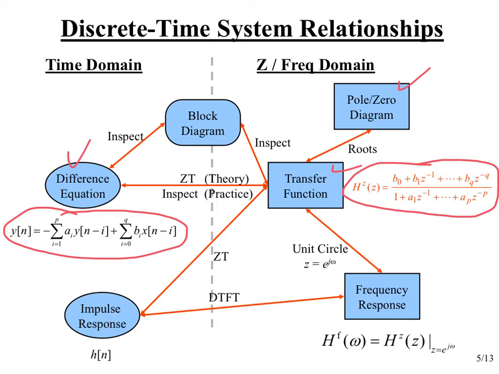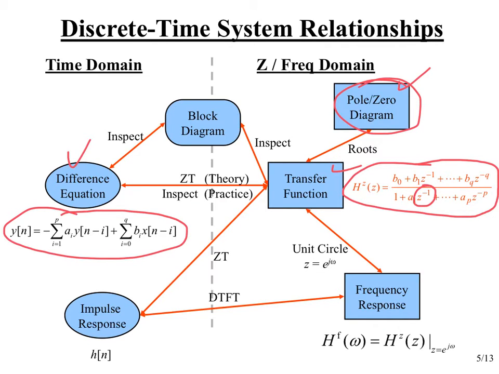Once we have the transfer function, notice that it's in terms of z inverse here. If we get rid of all the z inverses by multiplying by an appropriate power of z on the top and the same power on the bottom, clearing out all the negative exponents, then find the roots of the numerator and the denominator, we'll find the poles and zeros of that transfer function, and we can plot a pole zero diagram, which, if you remember, tells us an awful lot about how that system behaves.